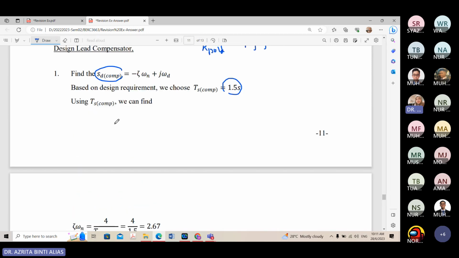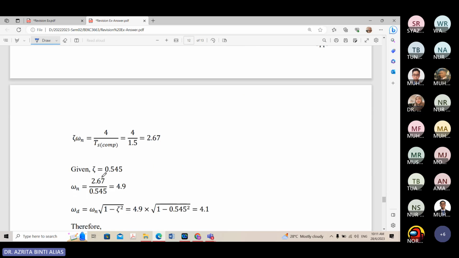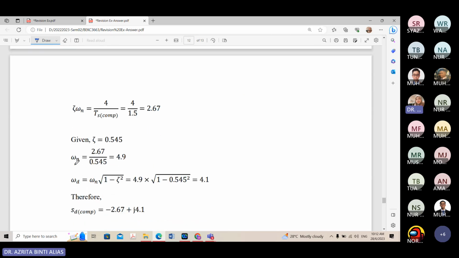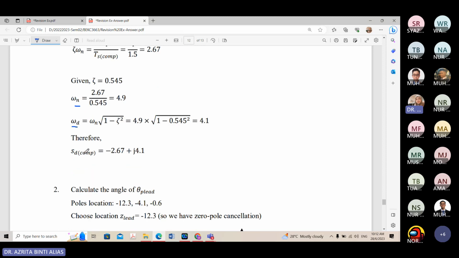Okay, so after that we find the zeta, omega n, and lastly we find the omega d. So next, we can obtain the ST compensated.